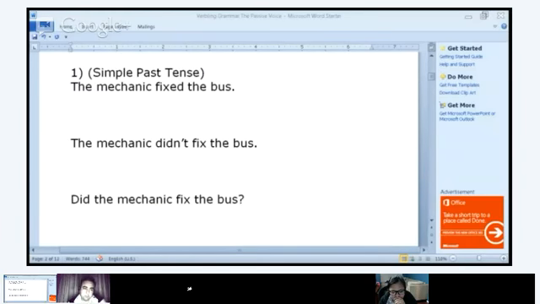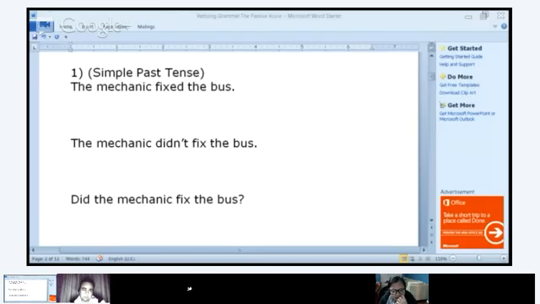But of course, all of these other questions are really great. The bus was fixed by the mechanic. By whom the bus was fixed, perhaps, yeah. Personally, I don't usually use whom. So maybe who was the bus fixed by? Who fixed the bus? Was the bus fixed by the mechanic?